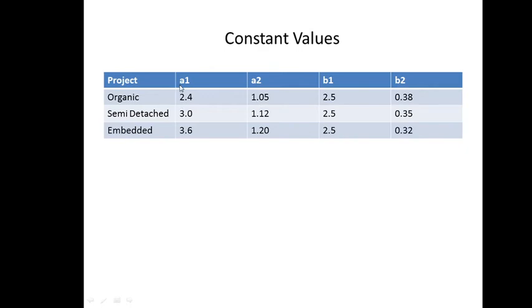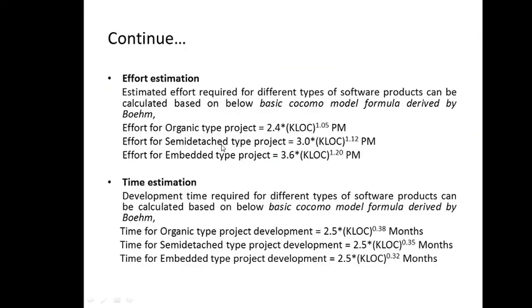So you'll be using the values of organic type A1 and A2. Similarly, if it is semi-detached, you will be using these two values for A1 and A2, and for embedded, the values will be this. Similarly, for the time estimation, if it is organic type, the expression is B1 KLOC.